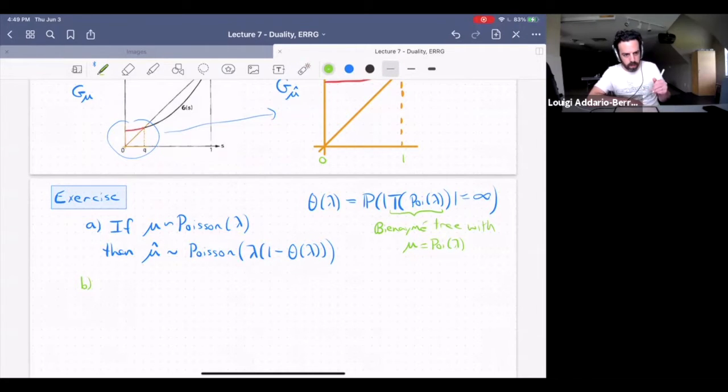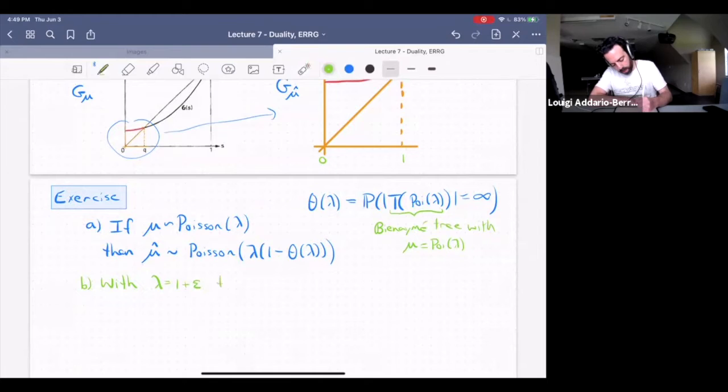That's the first part, and then I also want to state something about what happens when we're very close to the critical value 1.